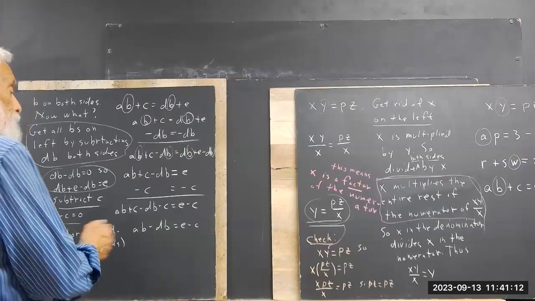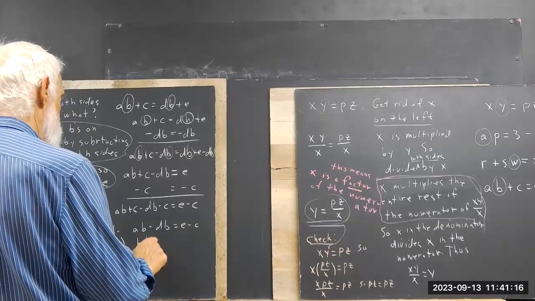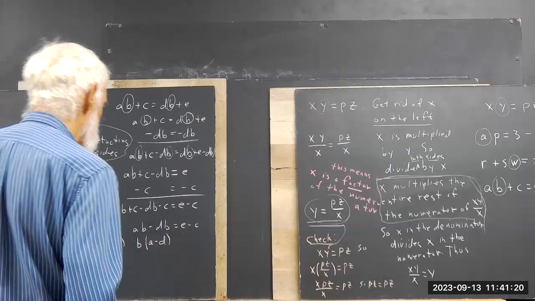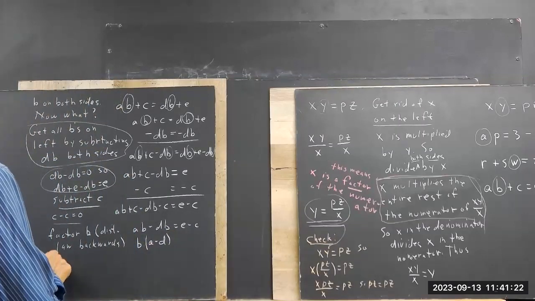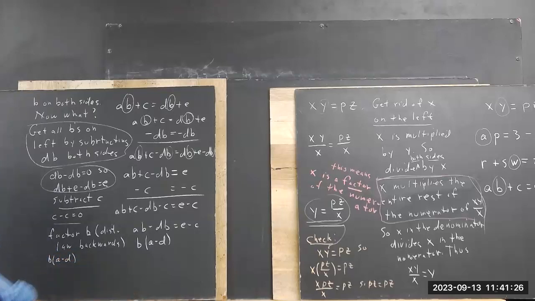Okay. It means AB minus dB is B times A minus D, by the distributive law.